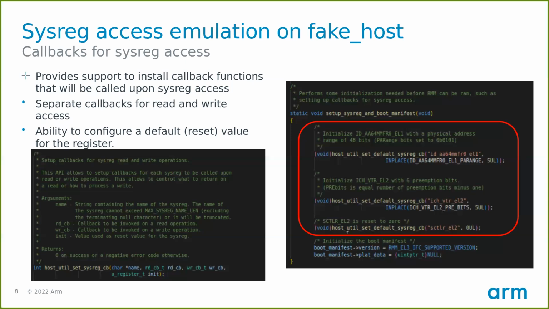So for instance, in the last line, we set up a default callback for ACTLR EL2, and we initialize this register to 0. That way, when we call read ACTLR EL2 or write ACTLR EL2, we will be accessing the callbacks that we have installed.